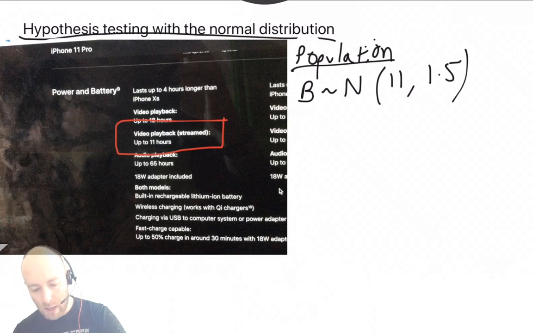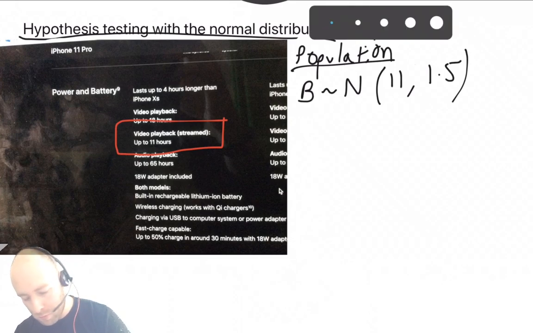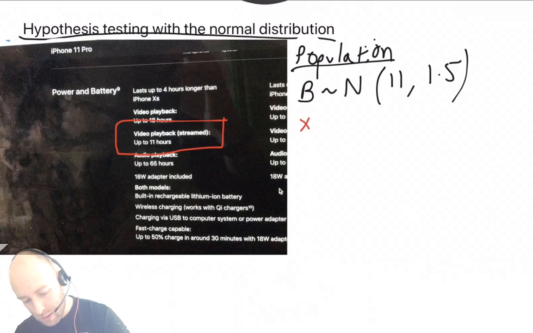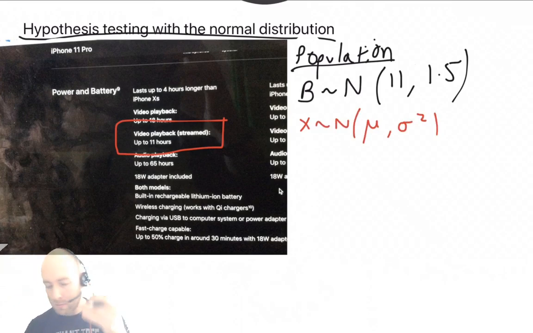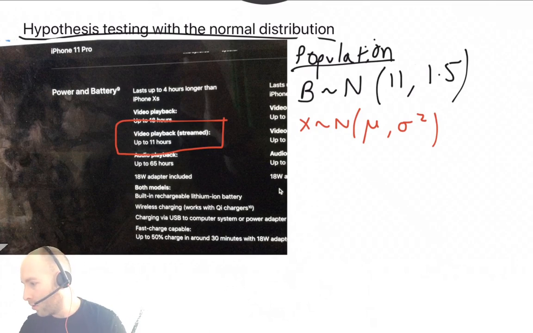And remember, with a normal distribution, we're talking about x, mu and sigma squared there. Cool. Should we use 1.5? Yeah, cool.